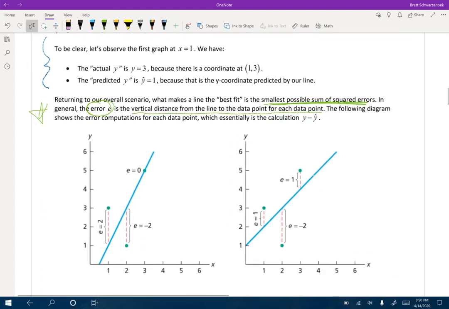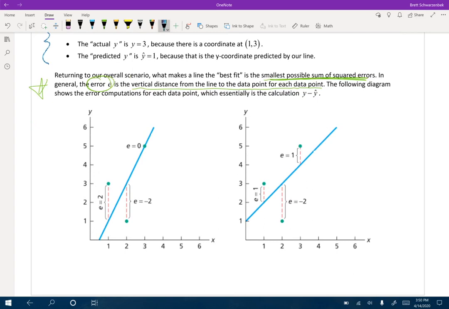So if we go to the same scenario, here it is right here, right? So there is a distance of 2. Now note, there's a small thing we have to take note of here when we're doing it. So it says, the following diagram shows the error computations for each point, which is essentially the calculation y minus y hat. So that is important because you always have to take the actual minus the predicted.